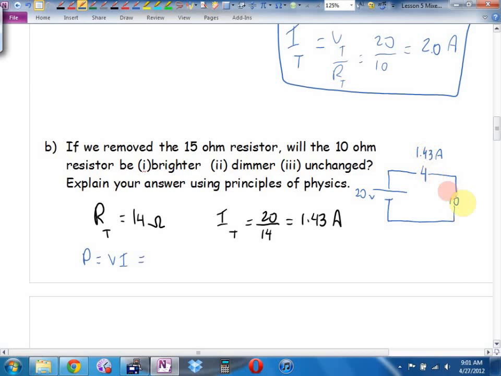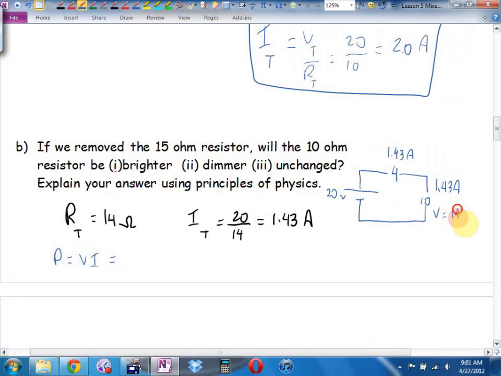I'm not interested in this one. This is also 1.43 amps. How many volts are in this resistor? If I know the current and I know the resistance, do I know the voltage drop? How many watts now is this bulb showing?